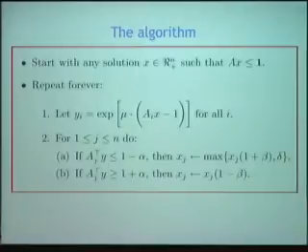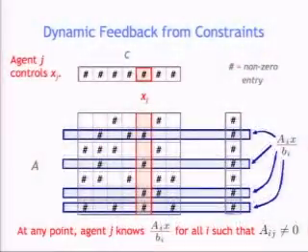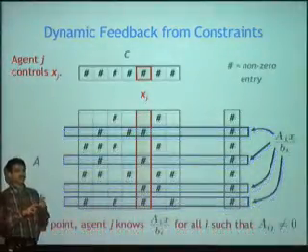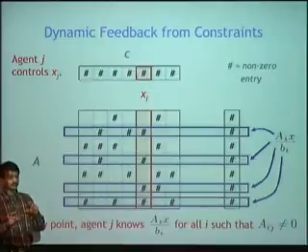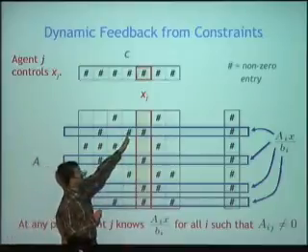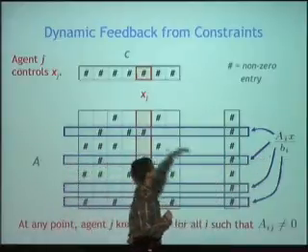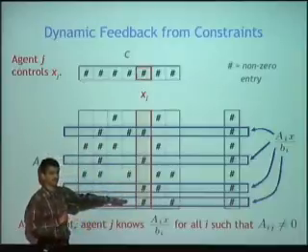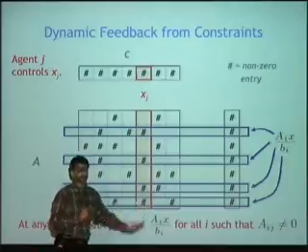Ai denotes the ith row. I see, but he knows aix. So he knows something about the feedback from the system. He knows the values of aix over bi for the constraints that he is present in, and he knows the jth column.